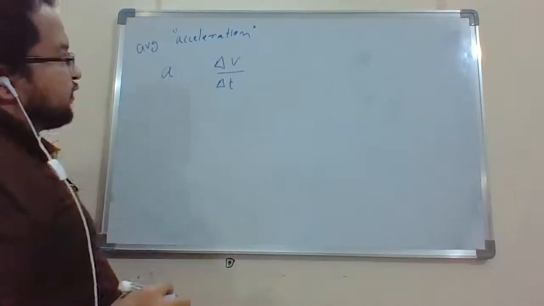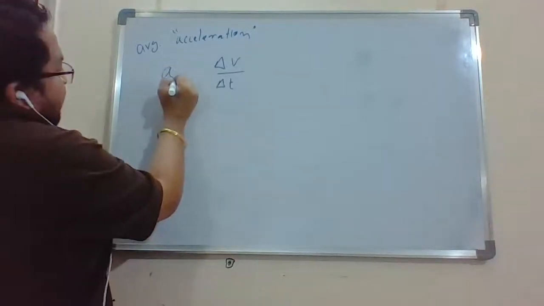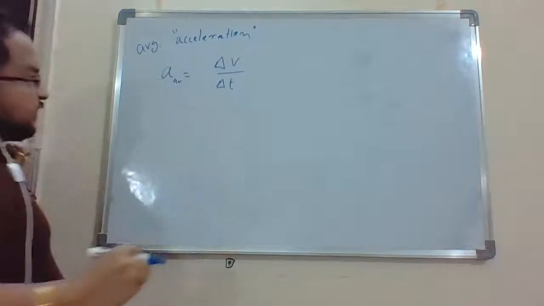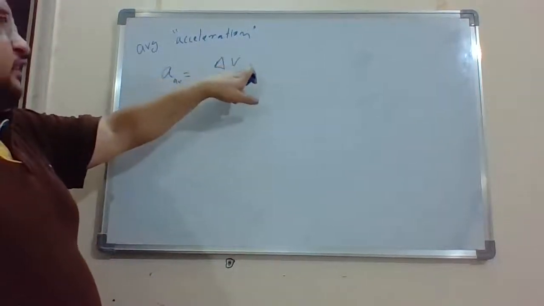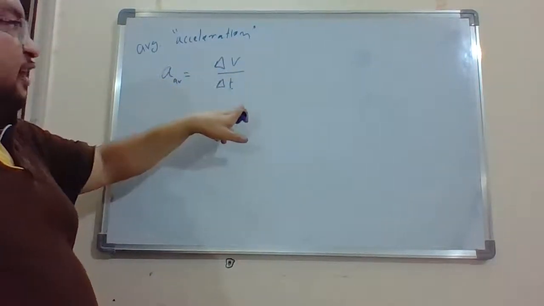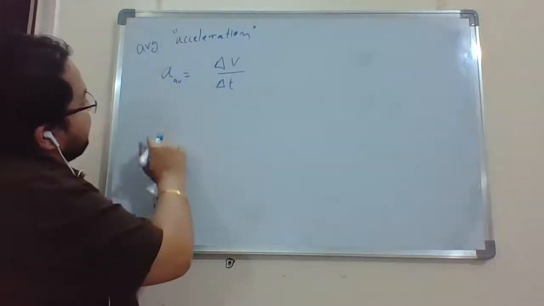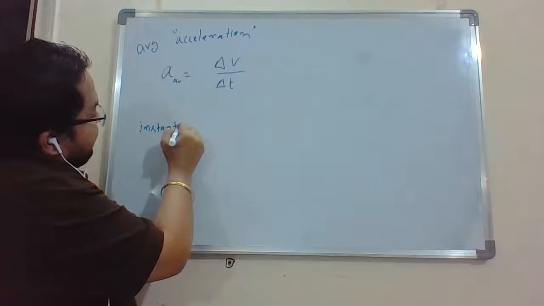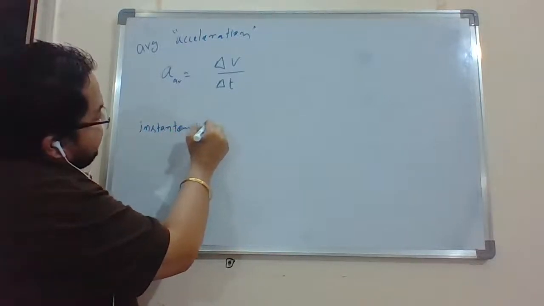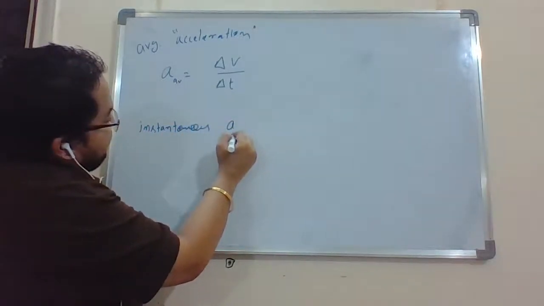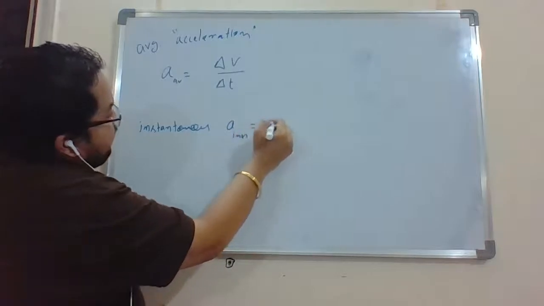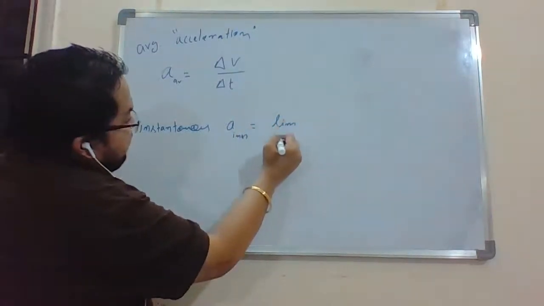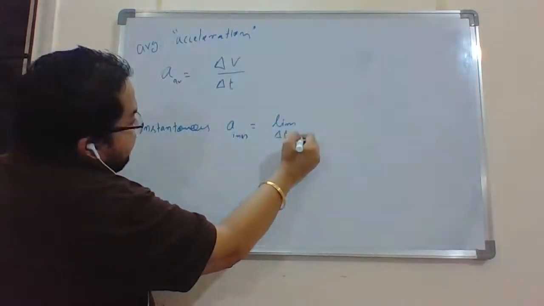We denote it mostly with letter A. So average acceleration is change in speed upon time. Similarly, if I want to define instantaneous acceleration, obviously it would be the limit as delta t tends to zero.